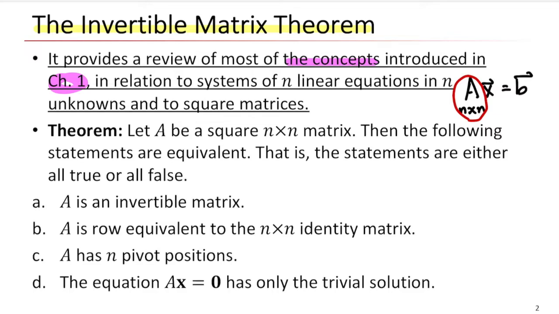But all of these concepts are related to the properties of the solution of Ax equals b. So in this invertible matrix theorem, we will summarize how these concepts are related to each other, and how we can use them in a unified theorem.